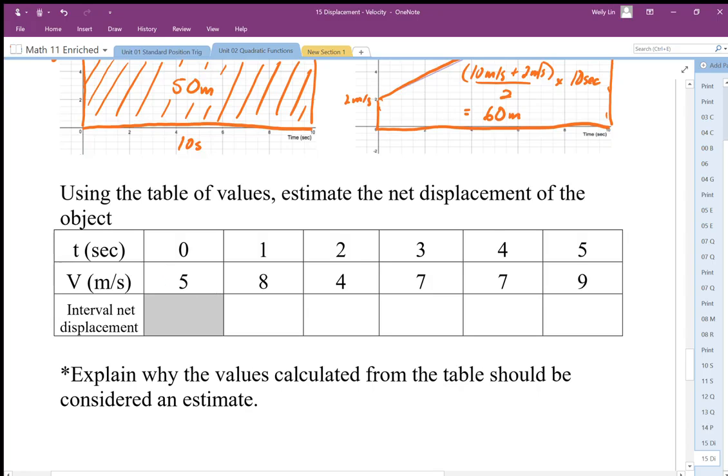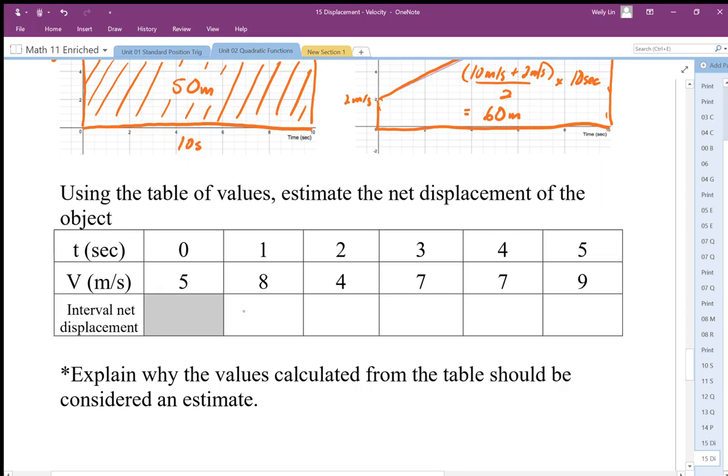So here we have, again, my velocity. Velocity is now changing randomly, but we can still estimate the net displacement in that interval by just saying this. In the first second of time, we're going to say that the average velocity here is going to be 6.5 meters per second.